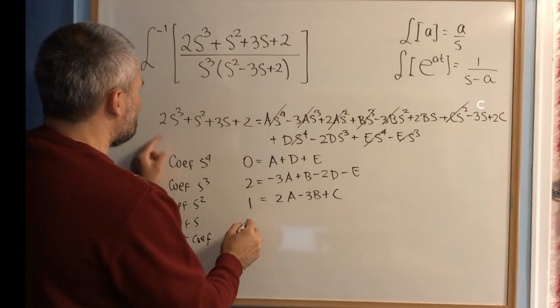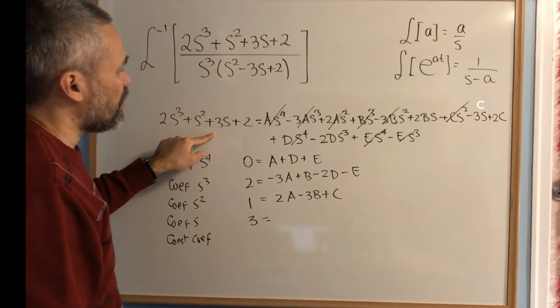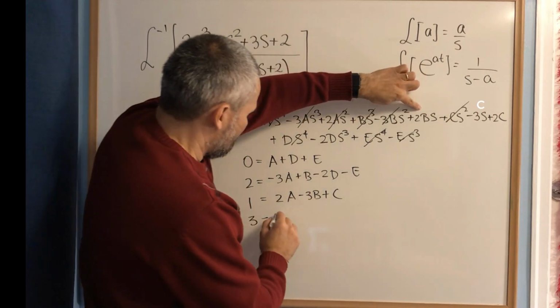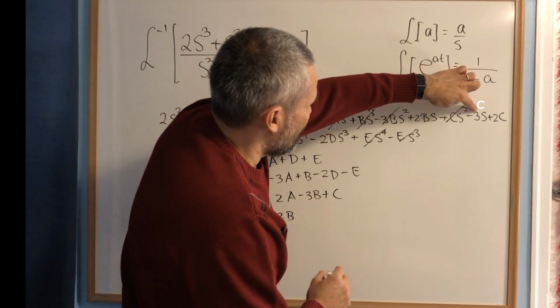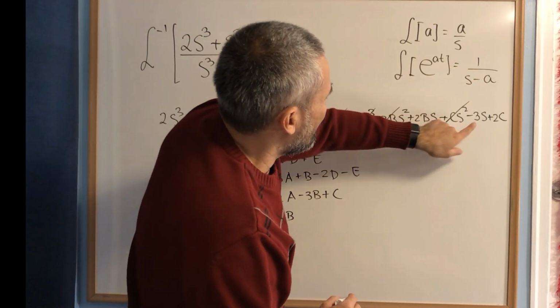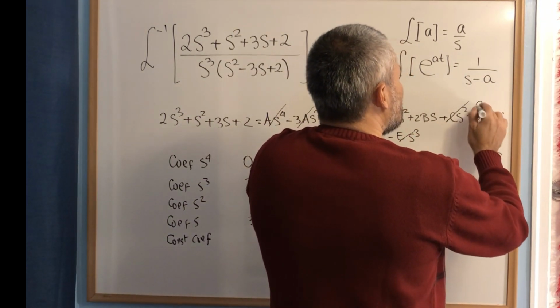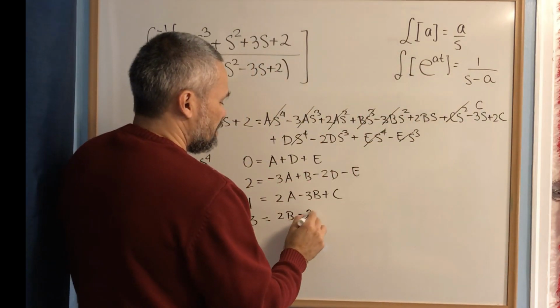Coefficient of s. The coefficient of s on the left is 3, and on the right it is 2b. There is a mistake here. It's supposed to be minus 3c, right?